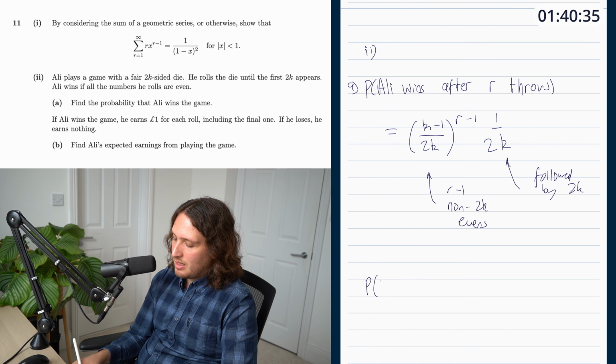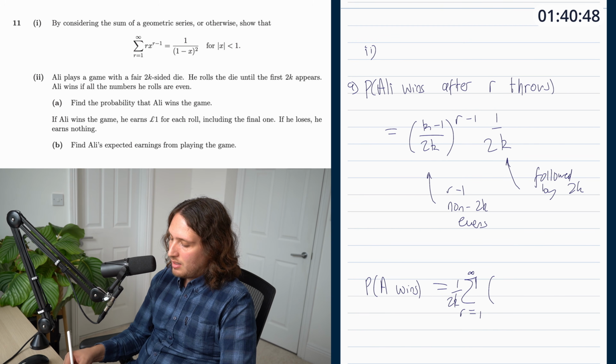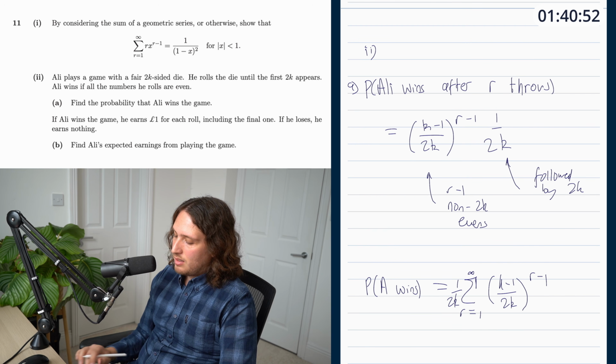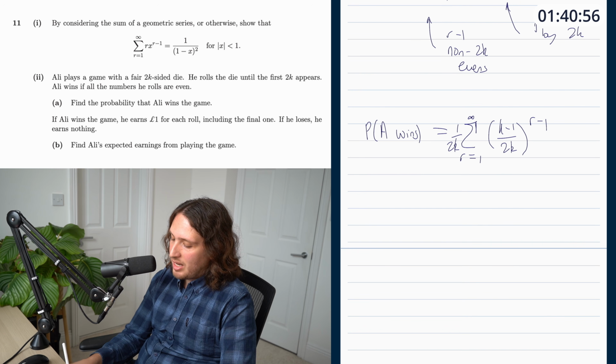So that means that the probability that Ali wins, well, R can be anything from 1 to infinity, right? There's no upper limit to how long the game can go on for. I can pull the 1 over 2k out, and I get k minus 1 over 2k to the r minus 1. That's an infinite geometric series.